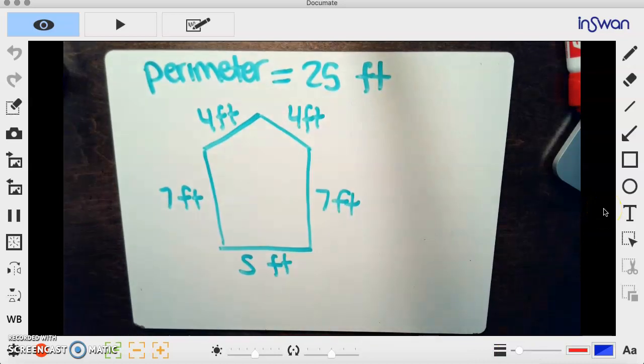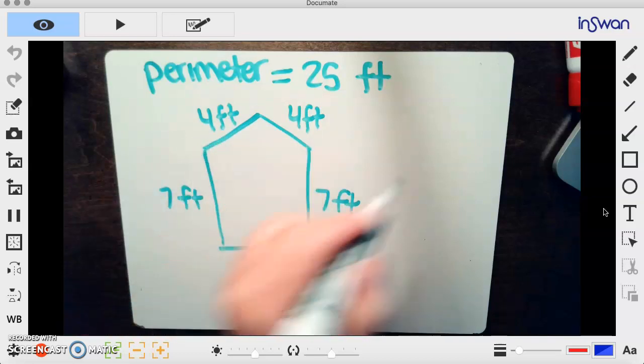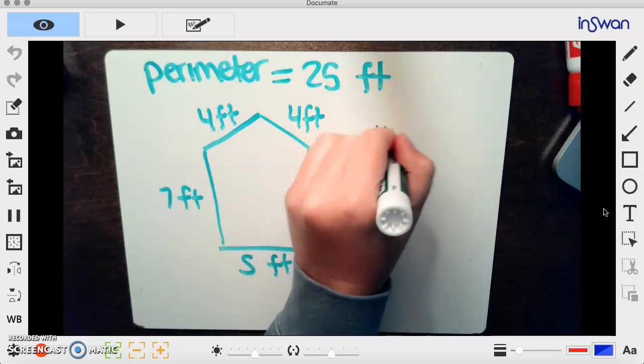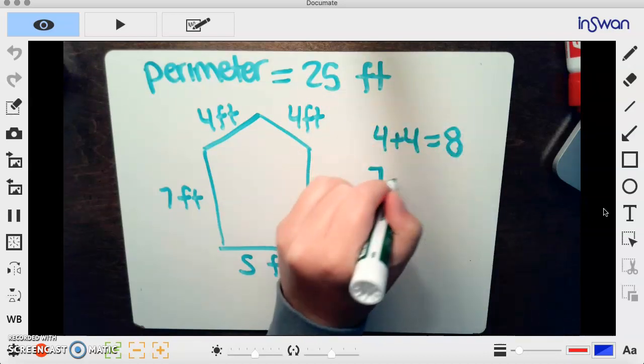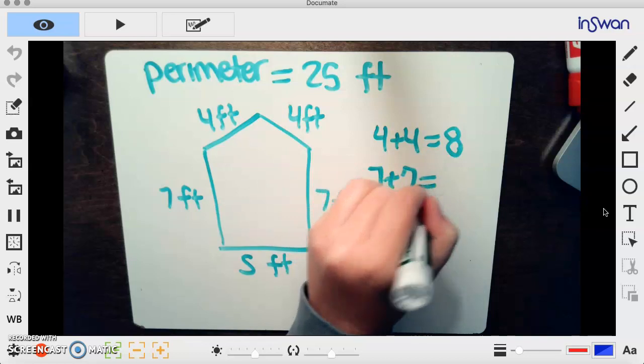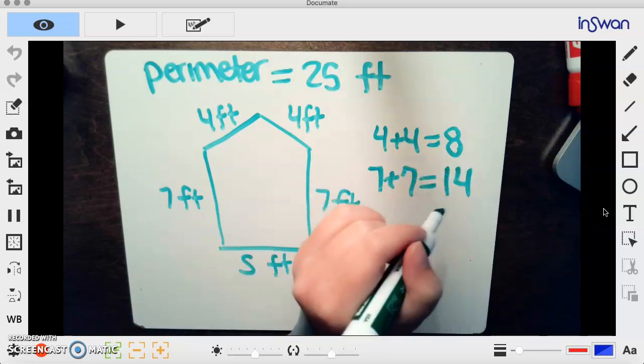So I can start by adding these together and saying 4 plus 4 gives me 8. 7 plus 7 gives me 14.